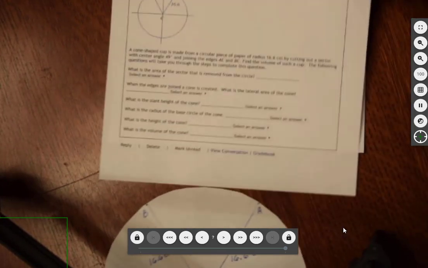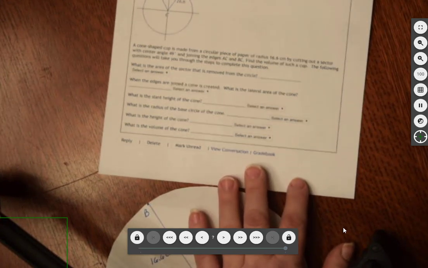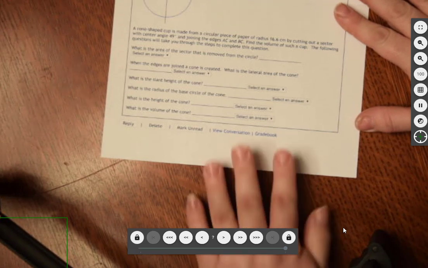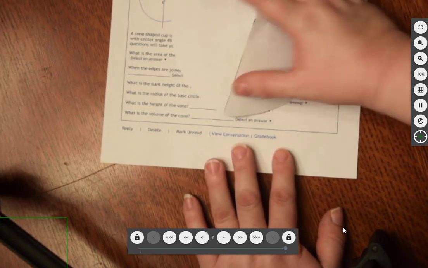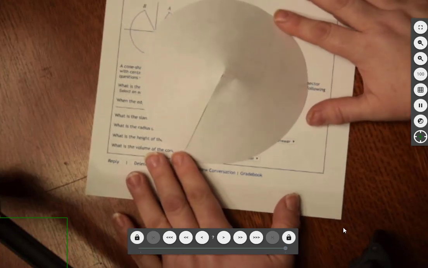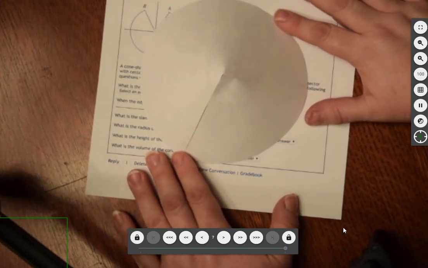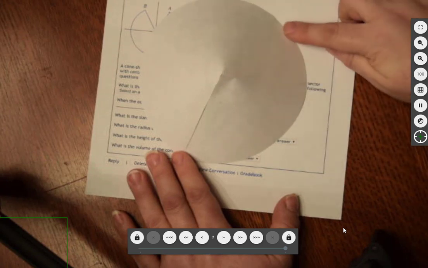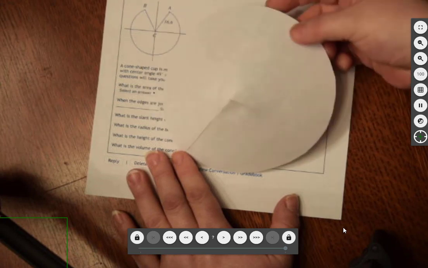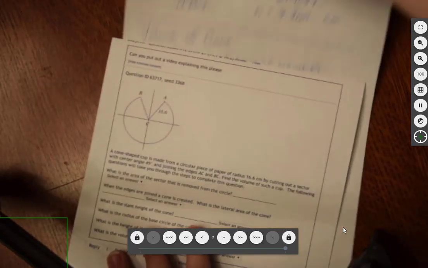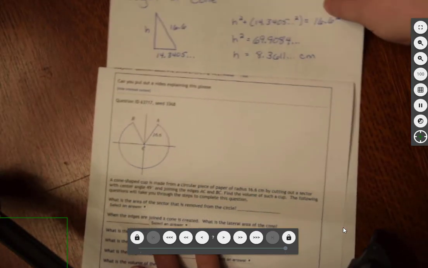Okay, the next question says, what is the height of the cone? Well, if we take a look at our cone and we want to know the height, the height goes from this top point straight down to the base of the cone. And so what I did was I drew a little picture here.